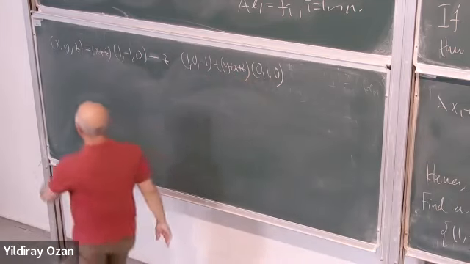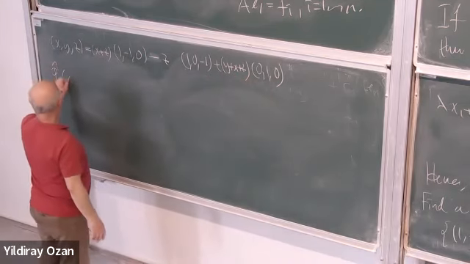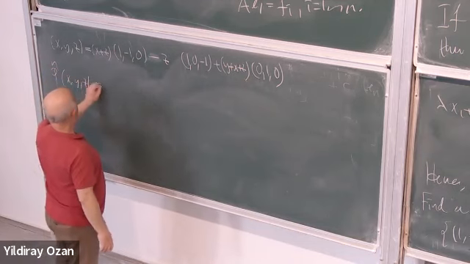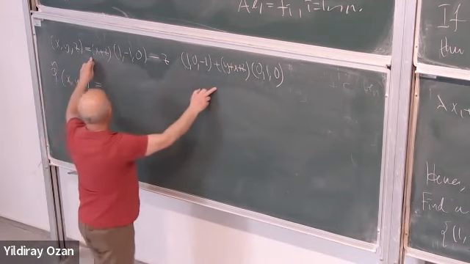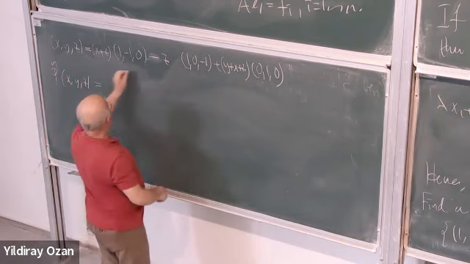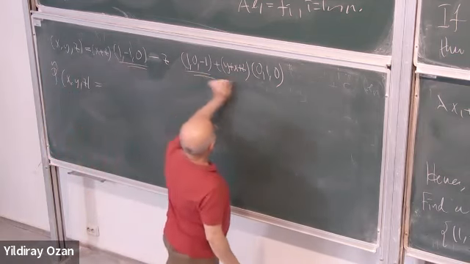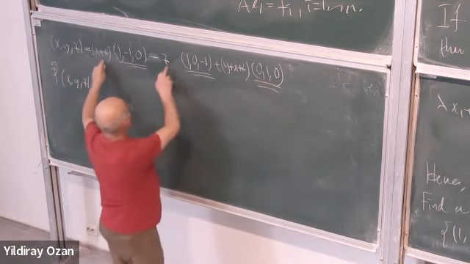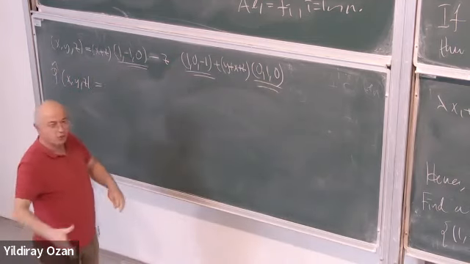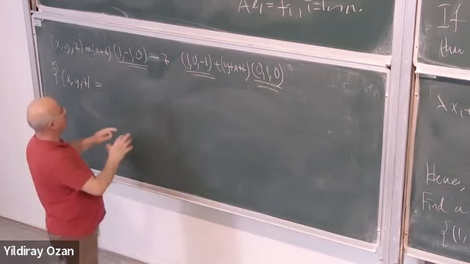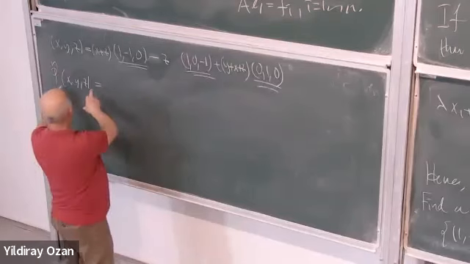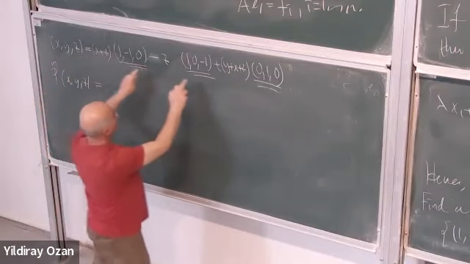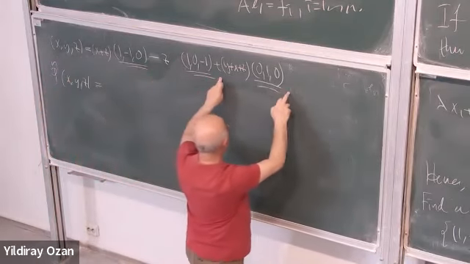Now, what is P hat then? P hat of X, Y, Z. P hat is linear. These are the vectors. These are the coefficients in front of those vectors. Since it is linear, P hat of this is P hat of this minus P hat of this plus P hat of this.